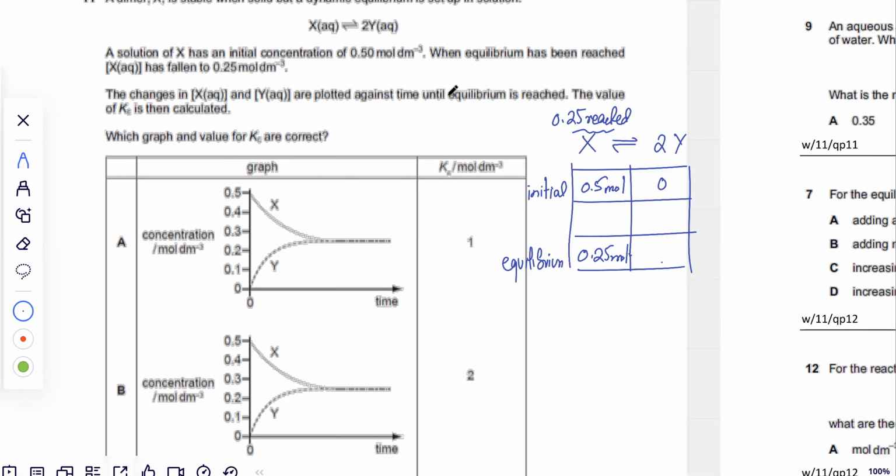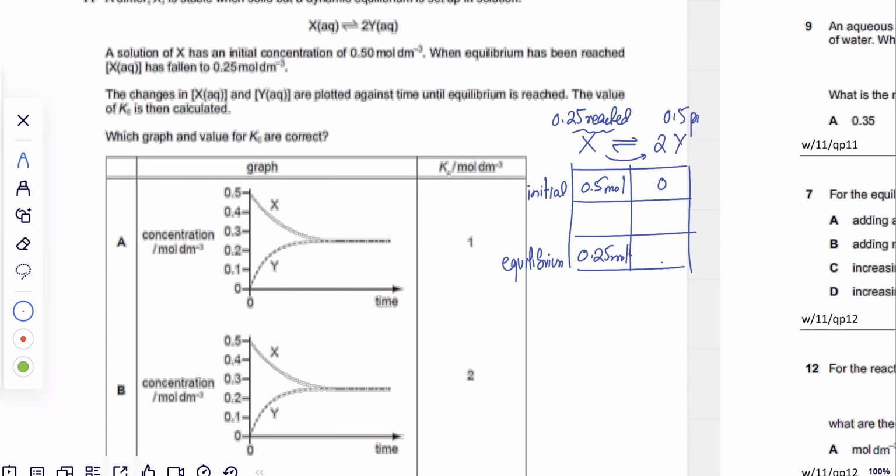Yes. Achha, so 0.25 are gone because initially you had 0.5, now you have 0.25. So that means there's 0.25 missing. Where did that go? They reacted and they must have formed y. So according to the ratio, it's 1:2. So if 0.25 react, on the other side, how many y would be produced? 0.5 of y according to the ratio 1:2.